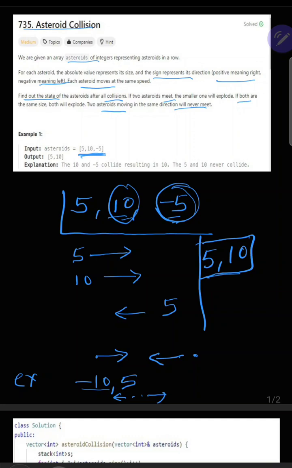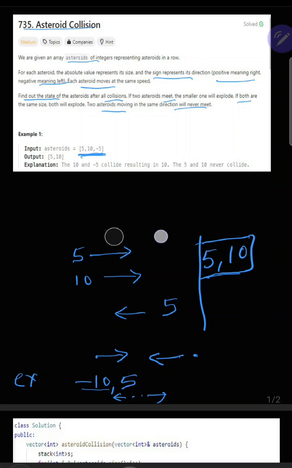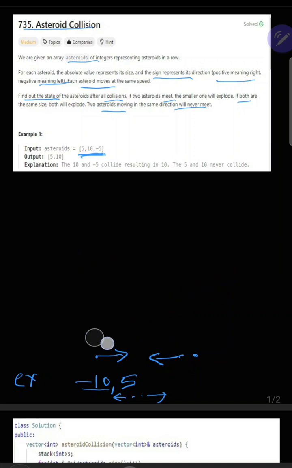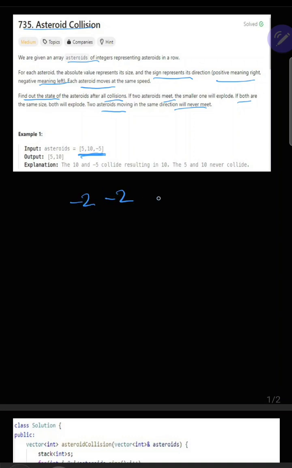Another example I will discuss, the edge case: -2, 2 and 2. What will be the answer of this according to the question?